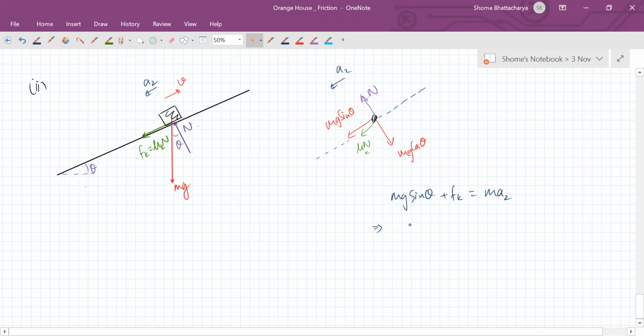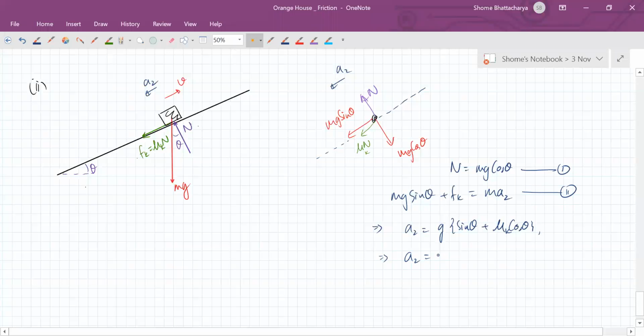So this deceleration will become g into sine theta plus mu k cos theta, because you also have normal reaction as mg cos theta. Okay. So here a2 will become 10 into 3 by 5 plus 0.6 into 4 by 5.